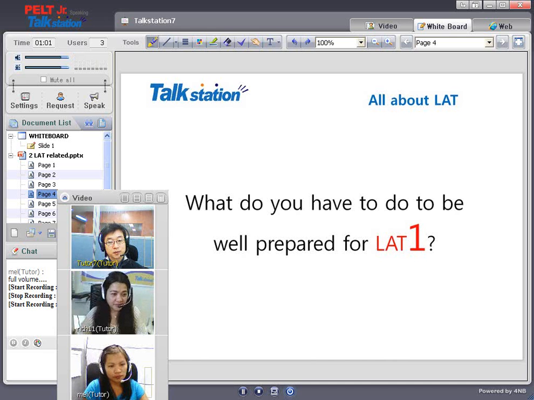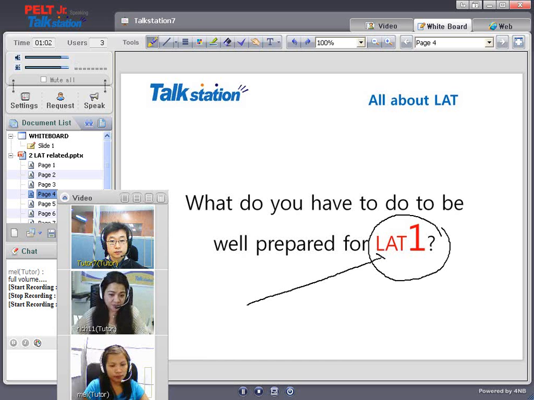Yes, sir. In my case, LAT first is very important because the first teacher must know the information of the student. We can see in the student's profile the age of the student, and from there, before we start our class, we can already prepare the PPT for the first LAT.